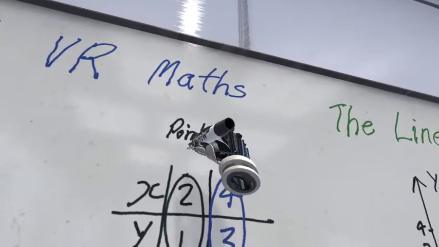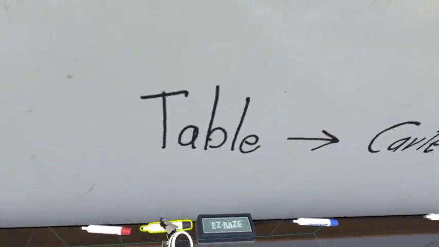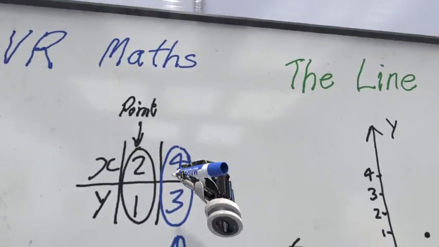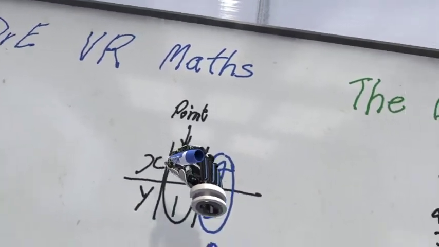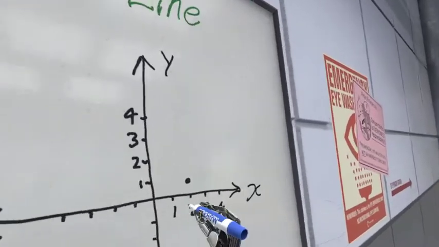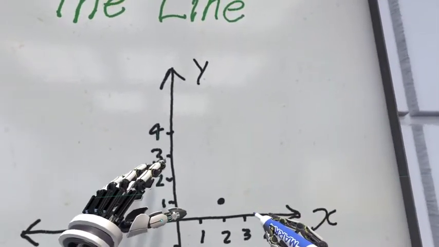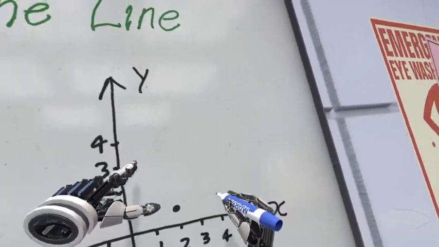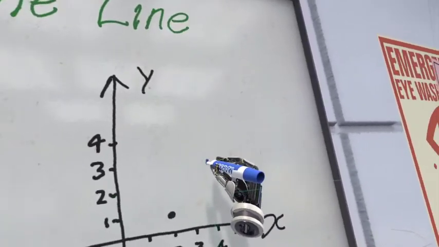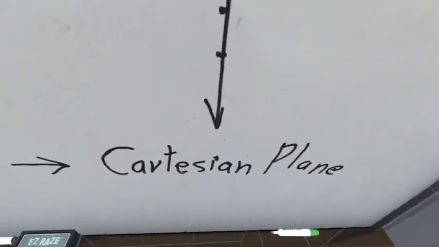Whoops. That's a point, and that's a point. There we go. So we've got the blue point is 4. X comes first. 3. So 4, 3. Can we point to that? There we go. 4, 3 goes there. And there's our 4 and 3.